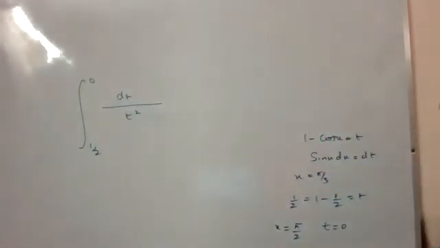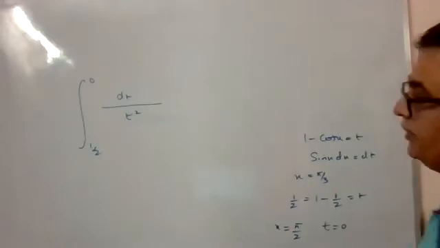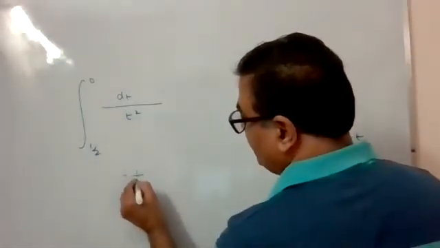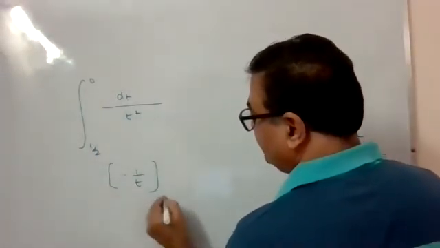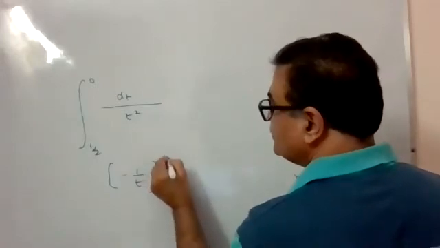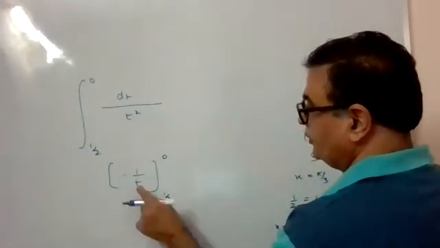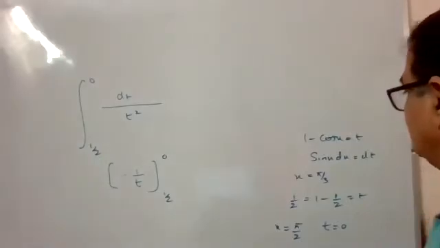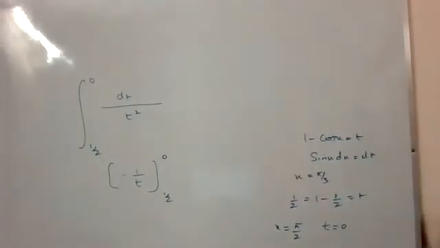Something is going wrong because this result is messed up. When you integrate this, it will come minus 1 by t, and the limit is going from half to 0, so this will give infinity. Infinity cannot be possible in this case. Somewhere we are doing something wrong here.